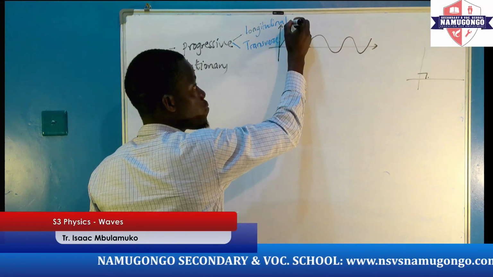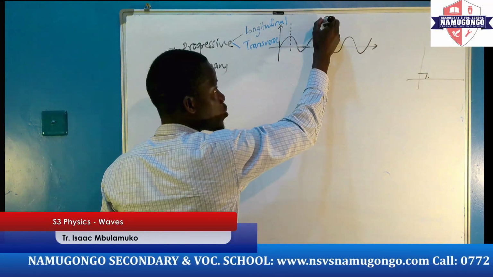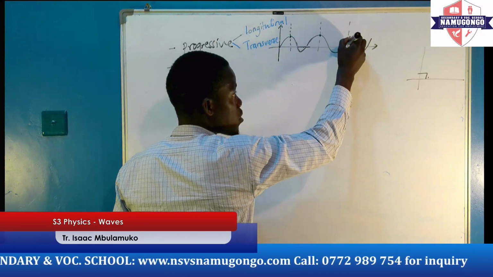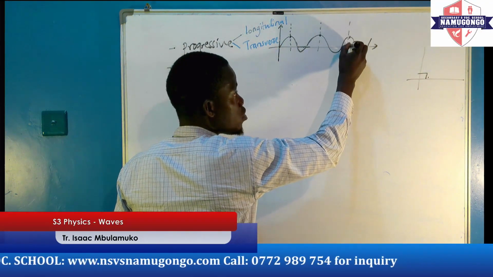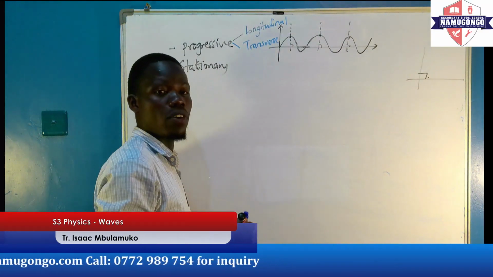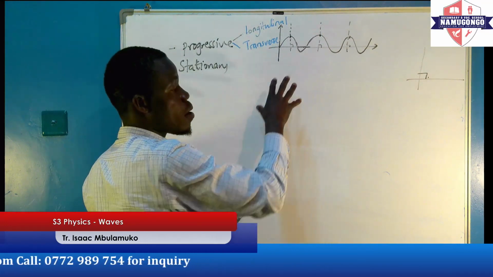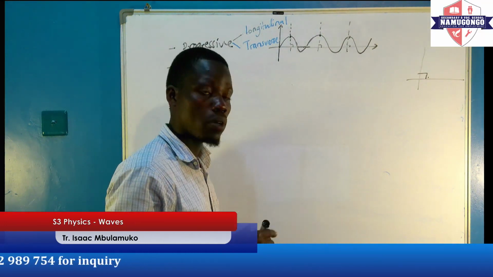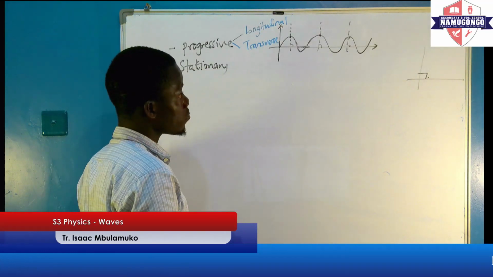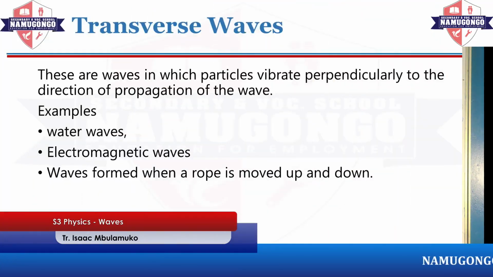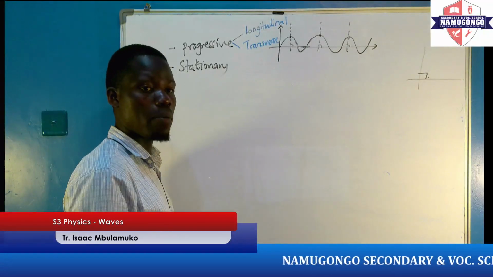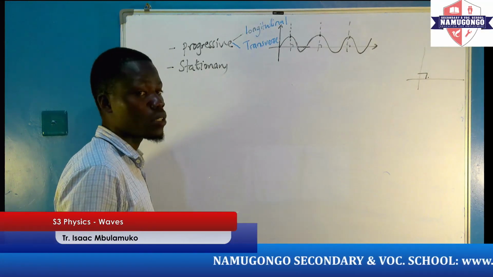So if we took particles vibrating where we have the crests, they are perpendicular to the direction in which the wave is moving. Examples are waves on a rope, waves formed by water, and even some waves formed by strings when you oscillate them up and down.